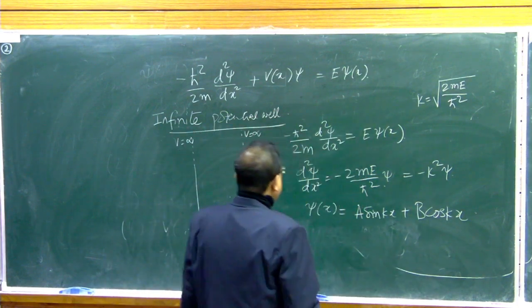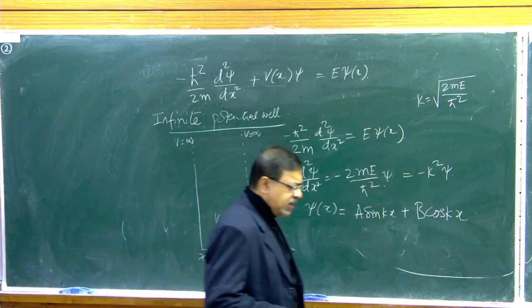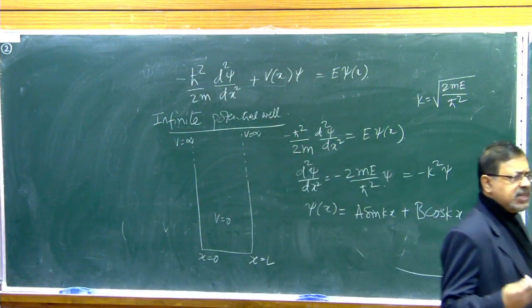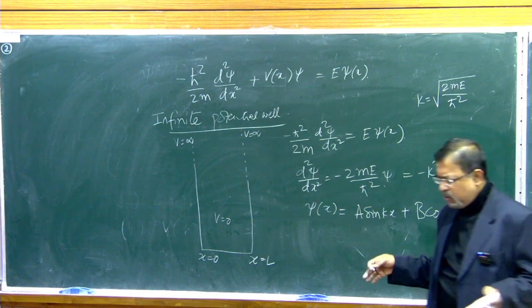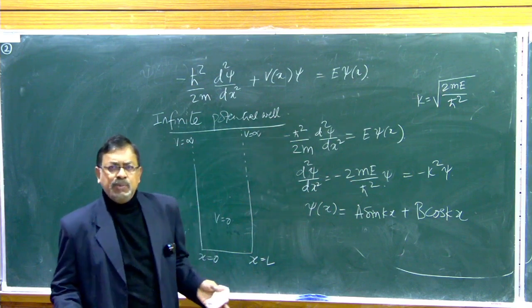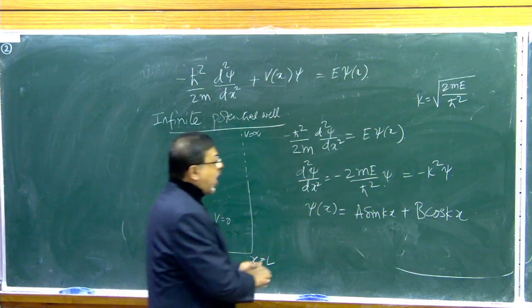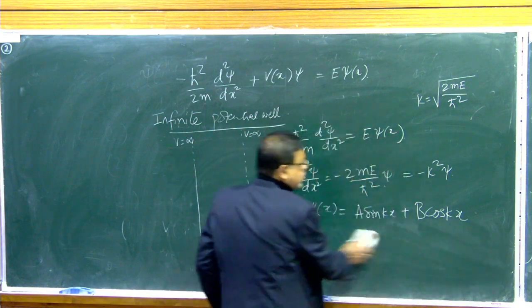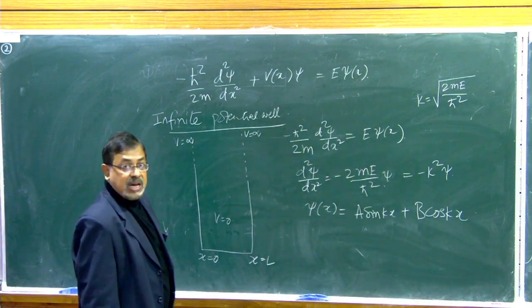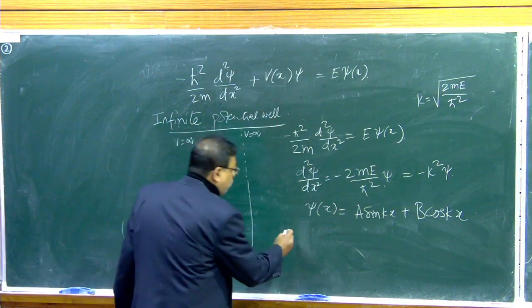But now, let us see the boundary conditions. Here the problem is so simple that even one boundary condition, on psi itself at both the boundaries, would be good enough to solve this problem, because you will see that one of the solutions becomes incorrect if you apply just the continuity of psi. And what is it?